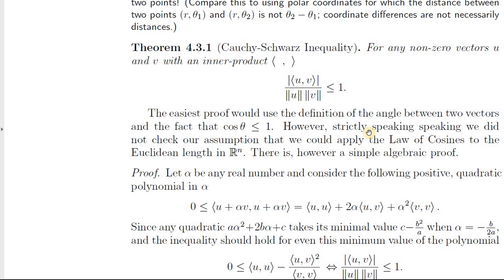Now, we were talking about how you can define angle in terms of inner product. So here we're using this notation with the angle brackets instead of the dot product, but you can just think of these angle brackets as dot product because that's the example that we've looked at so far. Now look at this thing on the left-hand side. This is actually how we've defined cosine. Go back and see.